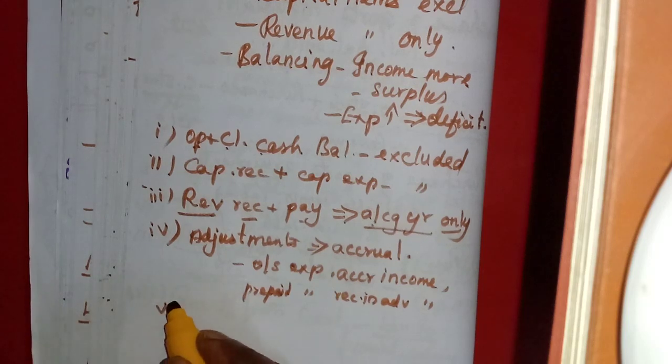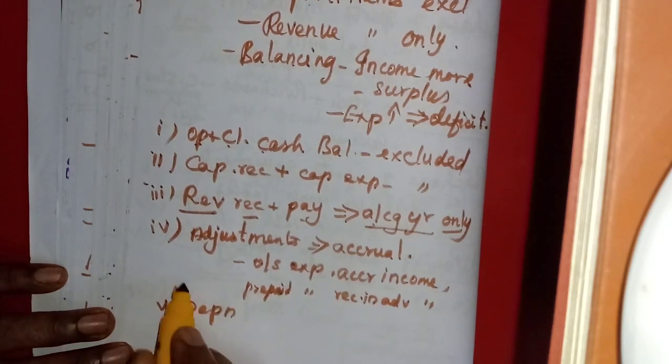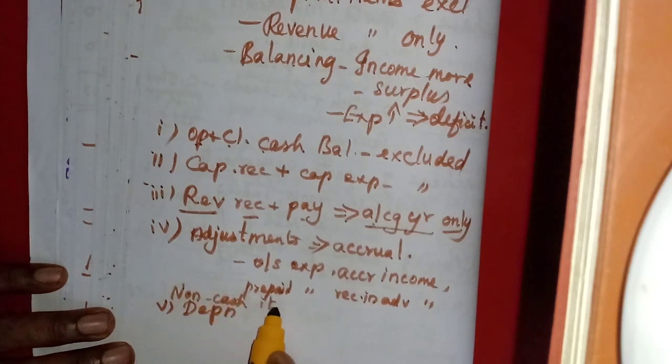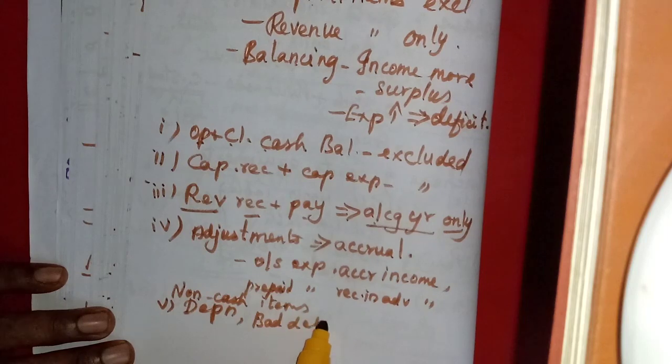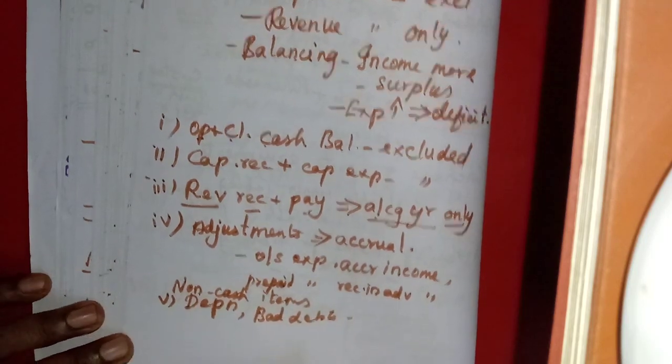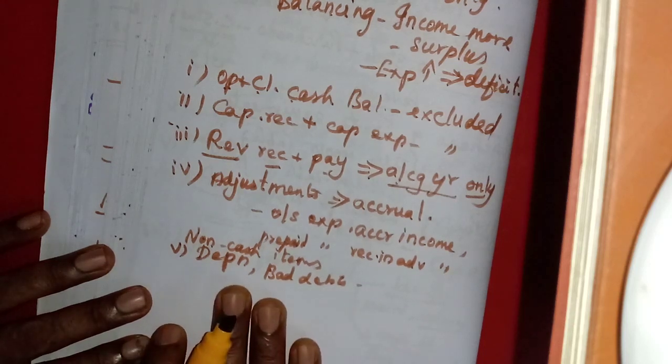Then any other items like bad debts and depreciation, which are called non-cash items, all these will be entered in the income and expenditure account.